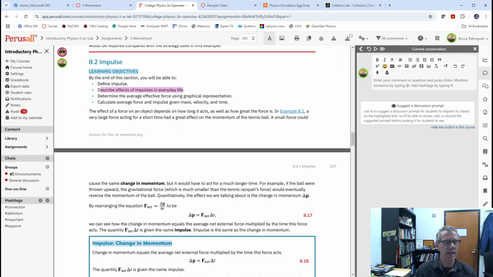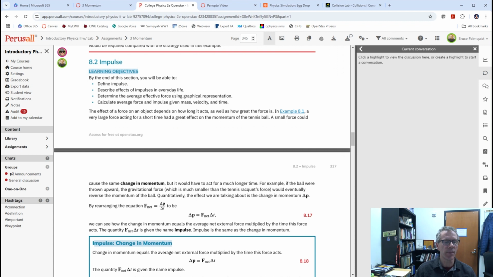The change in momentum of something is equal to the net force acting on that something multiplied by the time over which that force acts. So that's the one equation down here near the bottom of your screen.